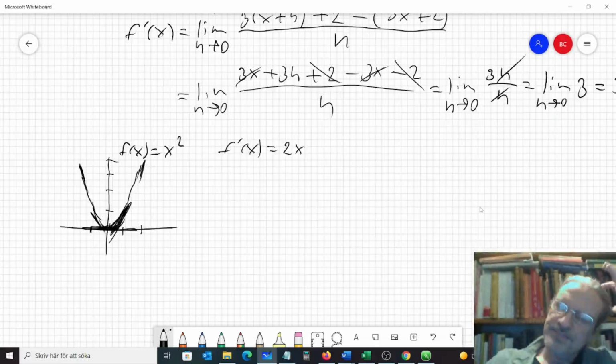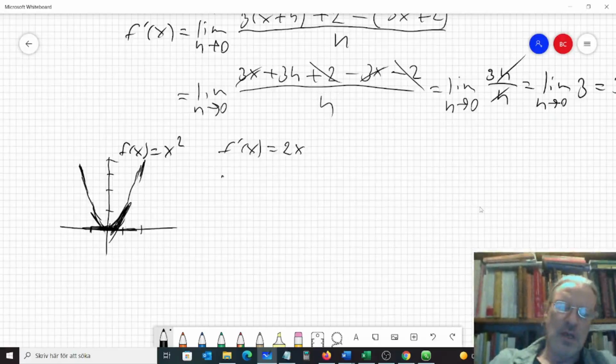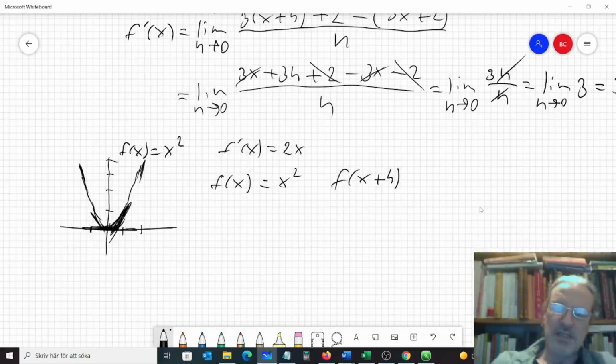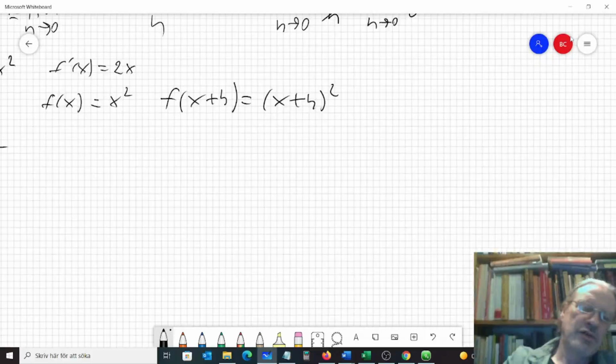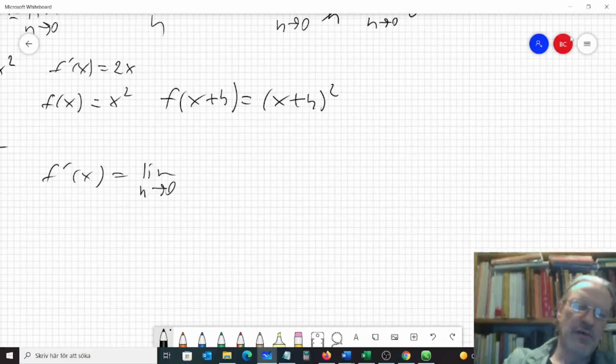Let's check this. So if f of x equals x squared, then f of x plus h is, of course, x plus h squared. So we get that the derivative f prime of x equals the limit as h goes to 0 of x plus h squared.